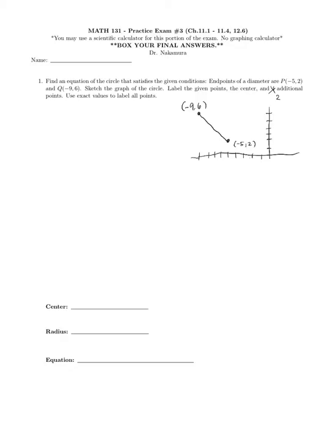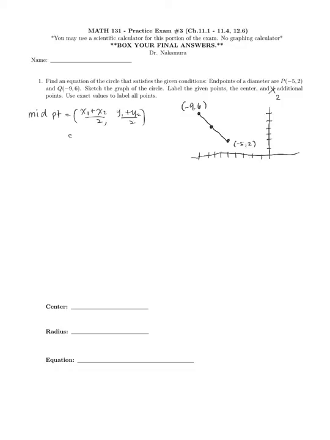Now, to get the center of the circle, that's nothing but a midpoint of this line segment. So what we need to do is, of course, find that midpoint. Let me write down the formula. That's x1 plus x2 all over 2, and then y1 plus y2 whole thing over 2.